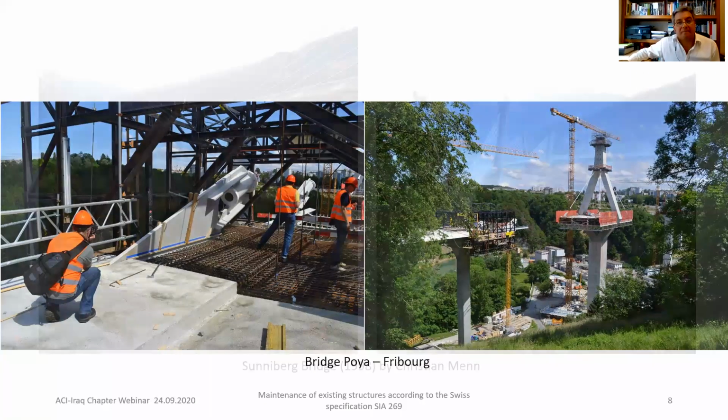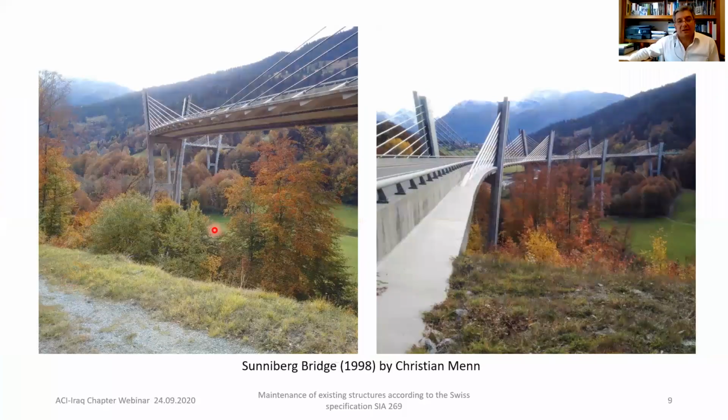And here I want to show you some important bridges. This one is the Sunniberg Bridge, constructed in 1998, and it was famous because the height of its piers is the minimum height designed in Switzerland.